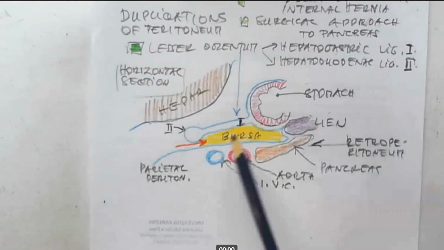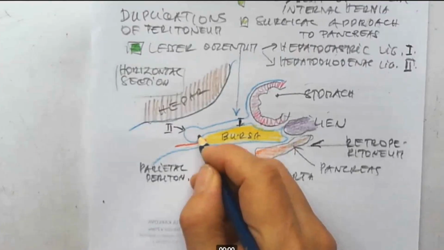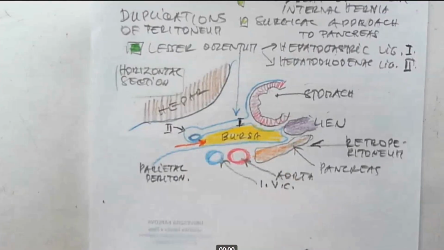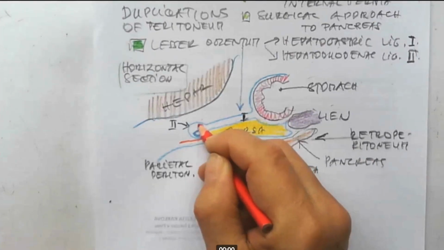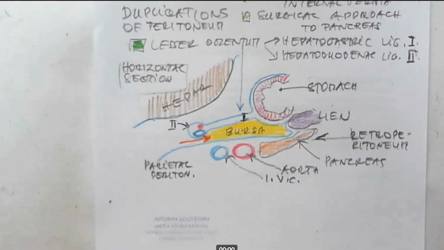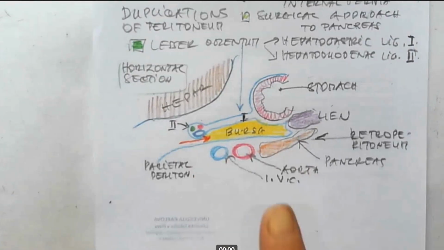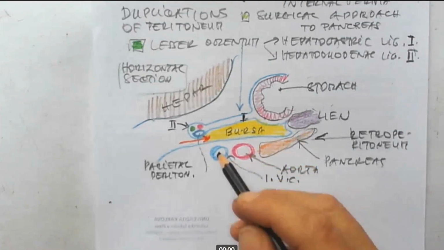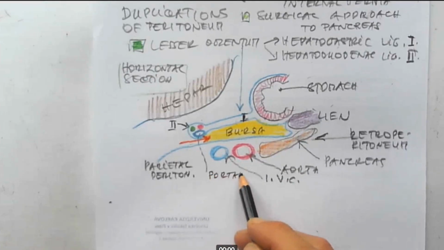And the hepatoduodenal ligament, number 2, contains the following structures. Dorsally, posterior, is the portal vein. Then on both sides, on the one side would be the hepatic artery, on the other the common bile duct. So arrows, and we will label all the structures. It is important for us to know that dorsally, posteriorly, is the portal vein.